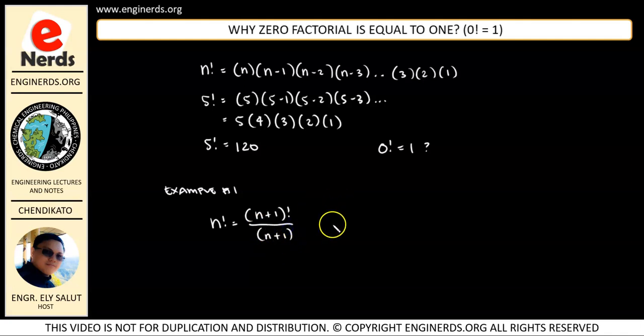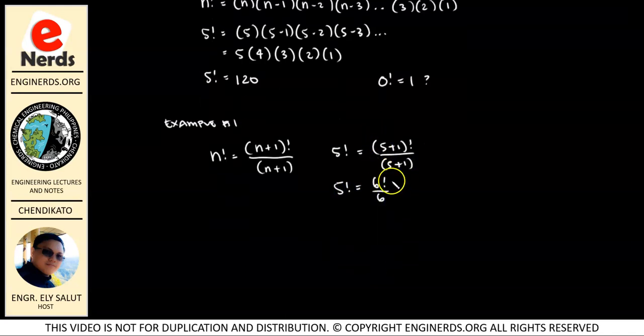Okay? So, for example, we have 5 factorial. This is equal to 5 plus 1 factorial over 5 plus 1. So, 5 factorial is equal to 6 factorial over 6, diba? Now, what do we mean by this?